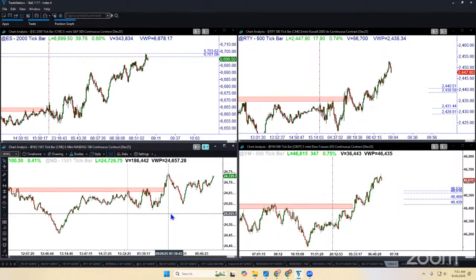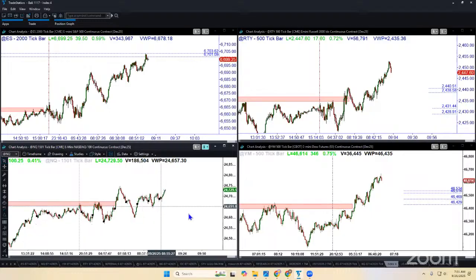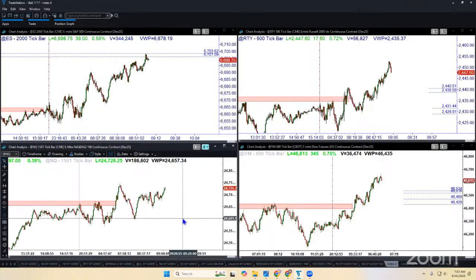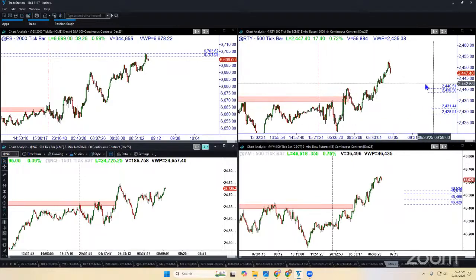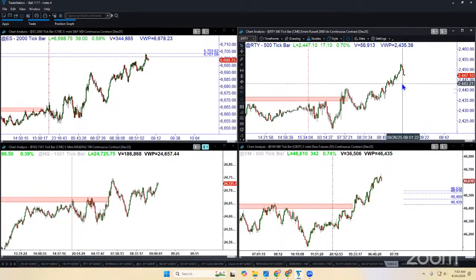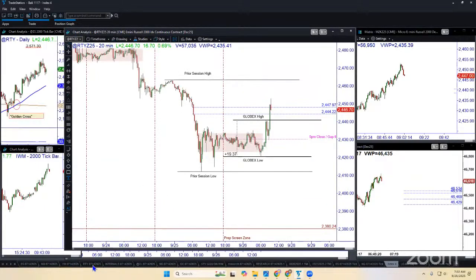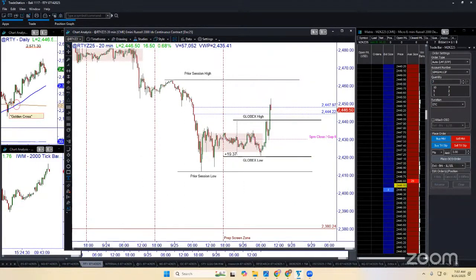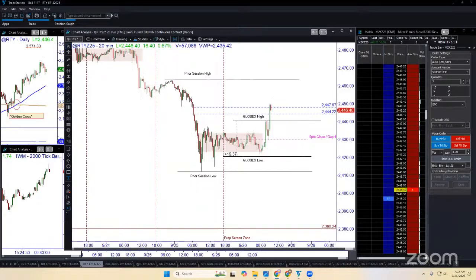NASDAQ is the one that's off a little bit today. All right, here we go. Russell coming back down. Order filled. Order working. That's going to drive me nuts.